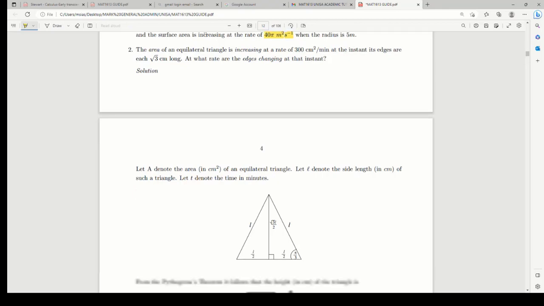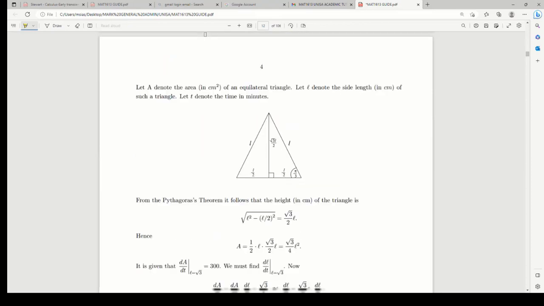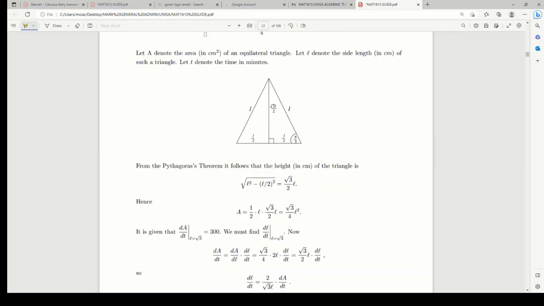So you are given some information, and here's how our equilateral triangle looks. You've got 2 sides of length L over 2, and L over 2 plus L over 2 gives you length L there. You have 2 right angle triangles there, and from Pythagoras, you are able to find this height here.